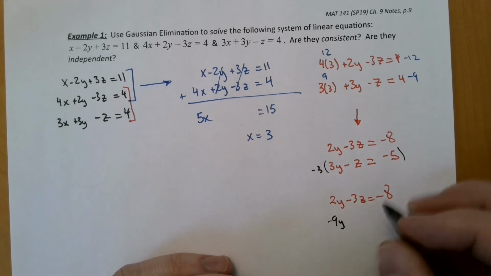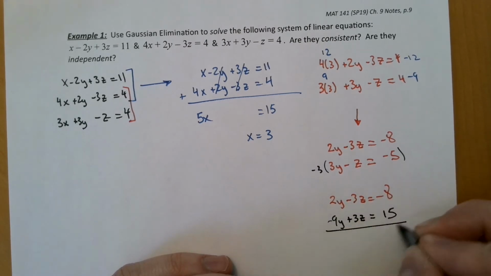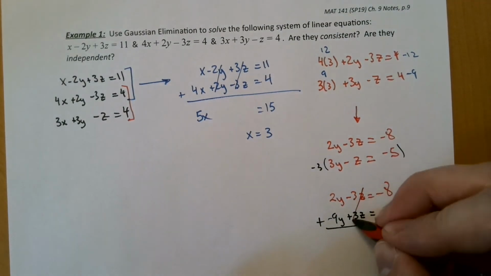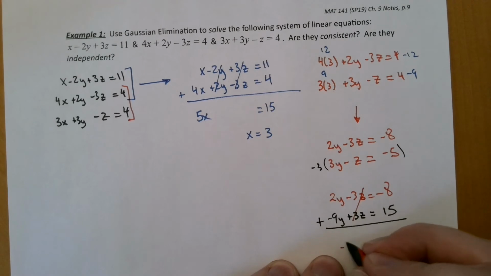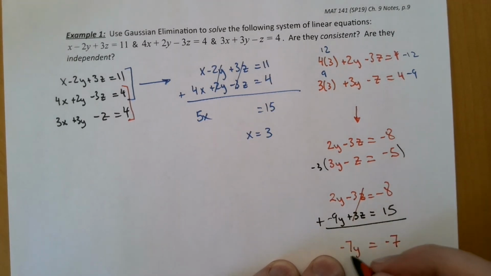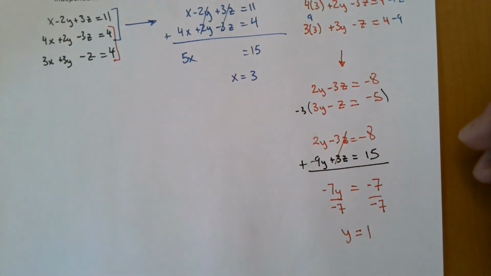So here's negative 9y plus 3z equals 15. Let's add this, and we'll immediately get a solution for y. So goodbye z. We get negative 7y equals, oh, wonderful, right? Negative 7. So we get this nice integer solution. This was a contrived problem for sure. Y equals 1. So we have 2 of the 3 parts.